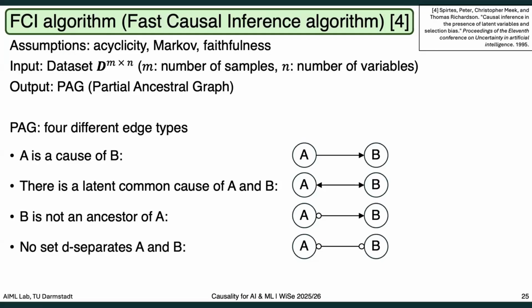This or statement is basically equivalent to saying B cannot be a cause, direct or indirect, or an ancestor of A, but we don't know whether A is a cause or whether there's a latent variable. And then the last one is even more general. A could be a cause of B, B could be a cause of A, or there could be a latent common cause. We don't know all of that. We just know that they're not independent, even if we condition on other variables.